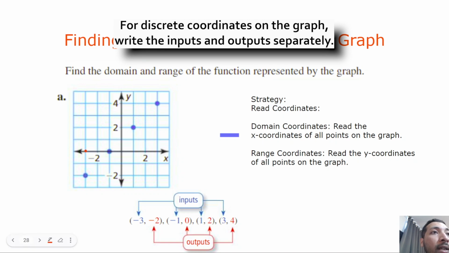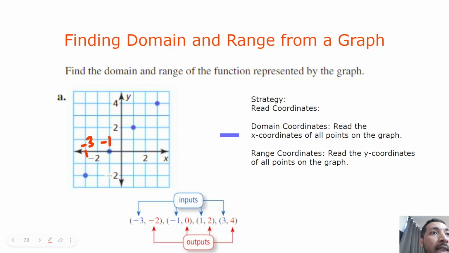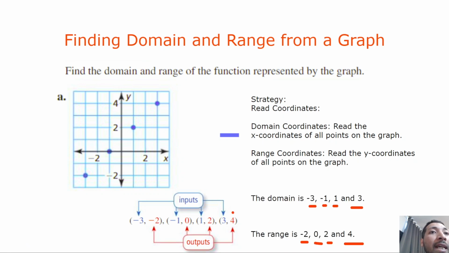We can see over here that this is -3, this is -1, this is 1, and this is 3. So these 4 points are the inputs. So our domain is -3, -1, 1, and 3.